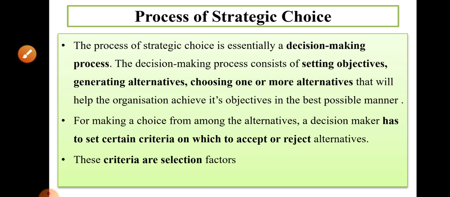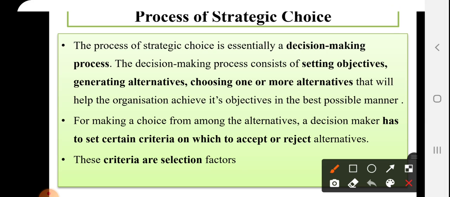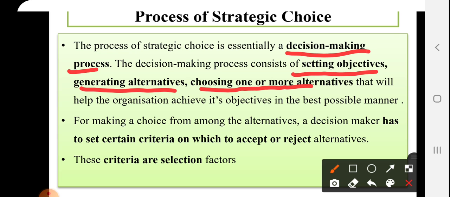Now, the process of strategic choice. The process of strategic choice is essentially a decision making process. The decision making process consists of setting up some objectives, generating some alternative strategies, and choosing one or more alternative strategies which will help to achieve the organizational objective in a great way.